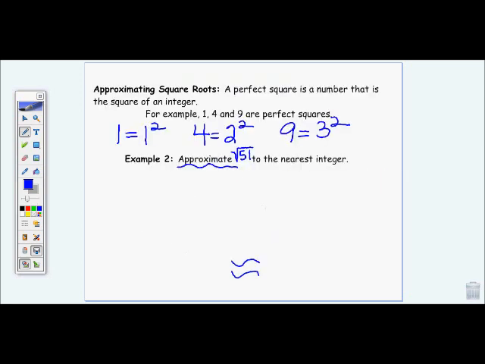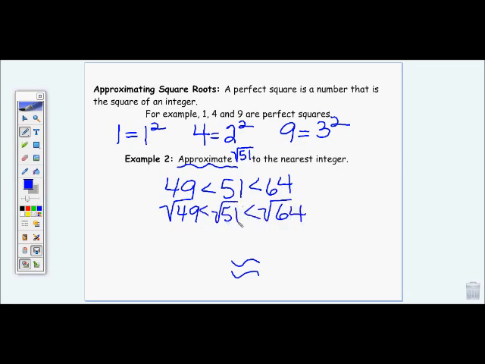So I'm going to say that 51, because it's in between 49 and 64, and these are perfect squares, so the square root of 49 and the square root of 64 in there should be the square root of 51, which is what we were trying to approximate. So the square root of 49 is 7. It's one of those perfect squares. The square root of 64 is 8. 7 times 7, 49. 8 times 8 is 64.